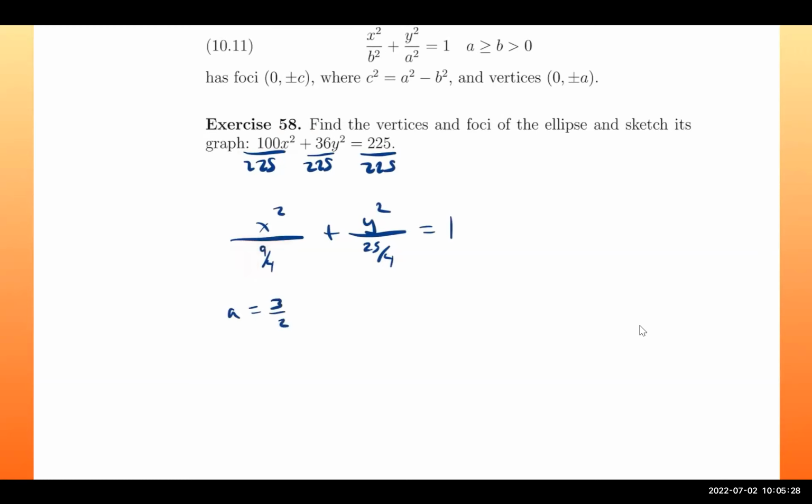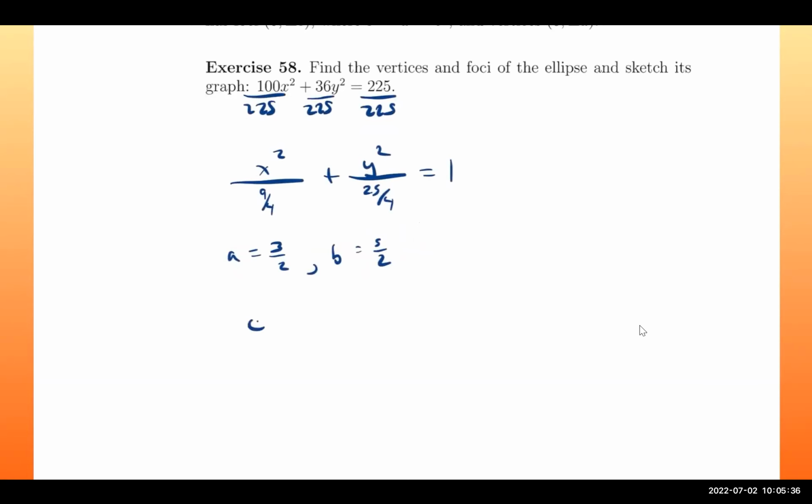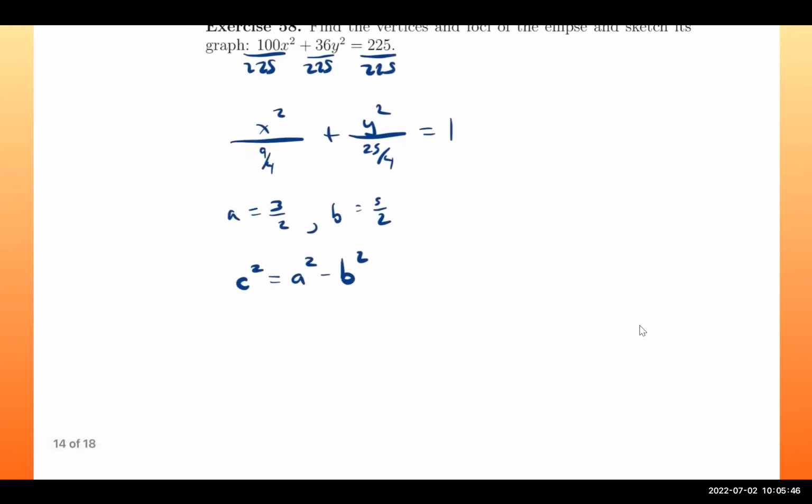That tells us that A is going to be 3/2, because you take the square root, and B is going to be the square root of 25/4, which is 5/2. The way you get the foci is you use the equation c squared equals a squared minus b squared. Let's see, I think I got these backwards, don't I?